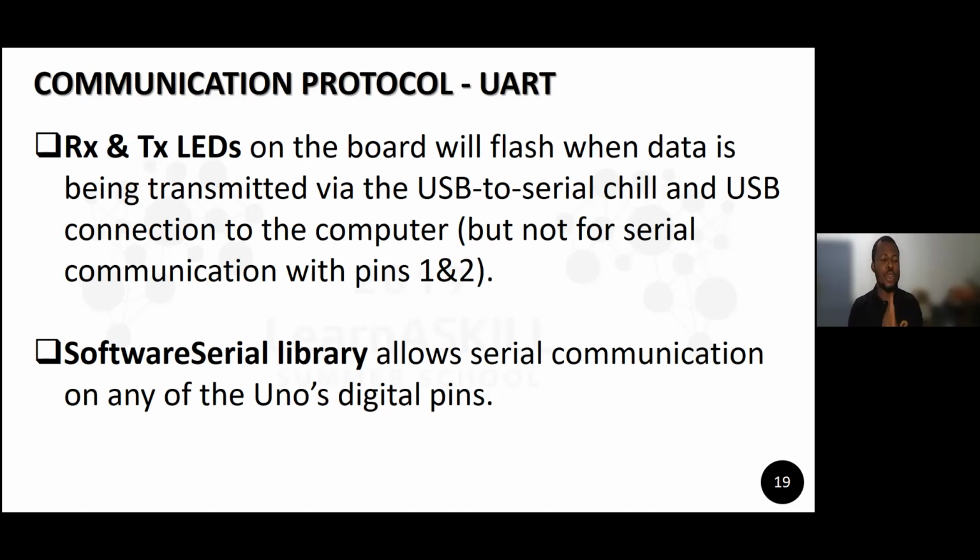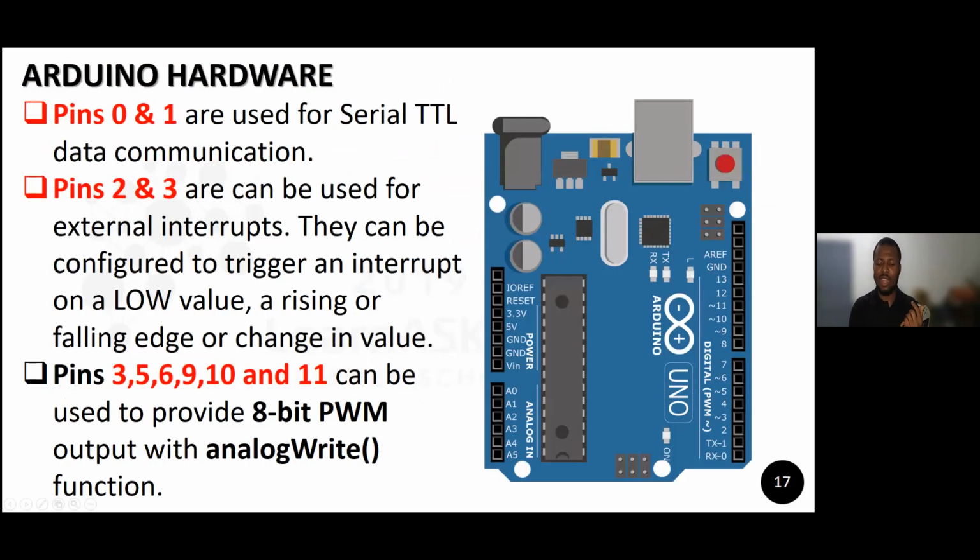Now, Arduino Uno has just one hardware serial. Hardware serial is serial communication that is actually controlled by an IC, and that is what happens when you use pins 0 and 1 for serial communication.